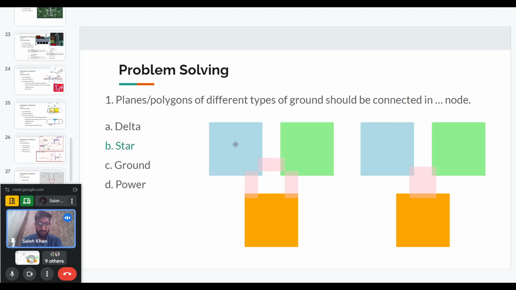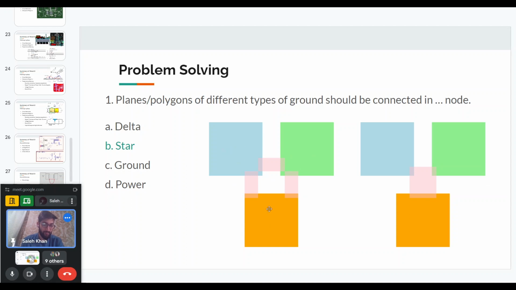So for example, if we have these three planes which are shown in this light blue, light green, and yellow. One option is we can connect them in delta like this. And another option is we can connect them together in a star type of connection that is shown on the right. So the problem with the left side connection is that these three connections may have different impedances, which will lead to different impedances in these three different grounds.